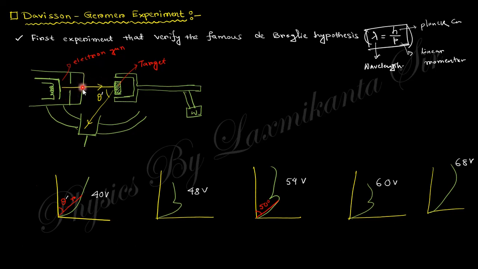These are the collimators, which collimate the electrons because they are scattered in different directions. For a uniform direction the collimator is used, and the electrons are also sped up by applying a potential difference, and they collide with this target. This is a crystal target, from where the electrons are scattered along that direction.